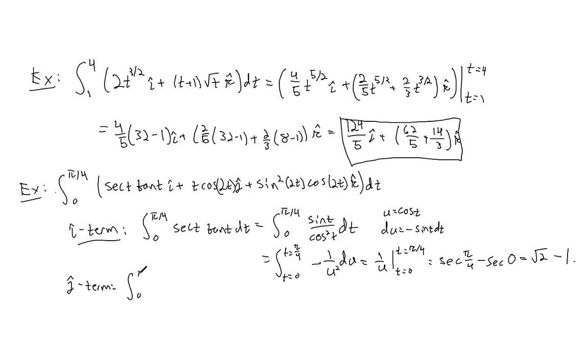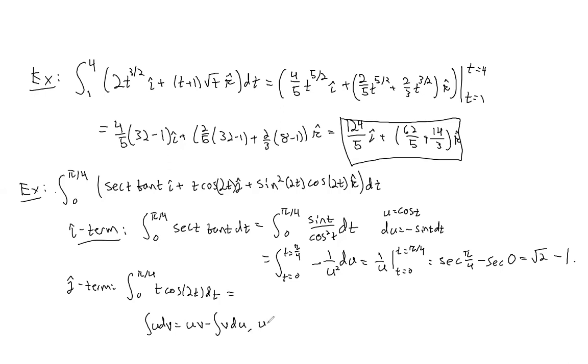Integral from 0 to pi over 4 of t times cosine 2t dt. This is not an obvious u substitution. I think the best way to do this is by parts. So we're going to use the old trick that integral u dv equals uv minus integral v du.